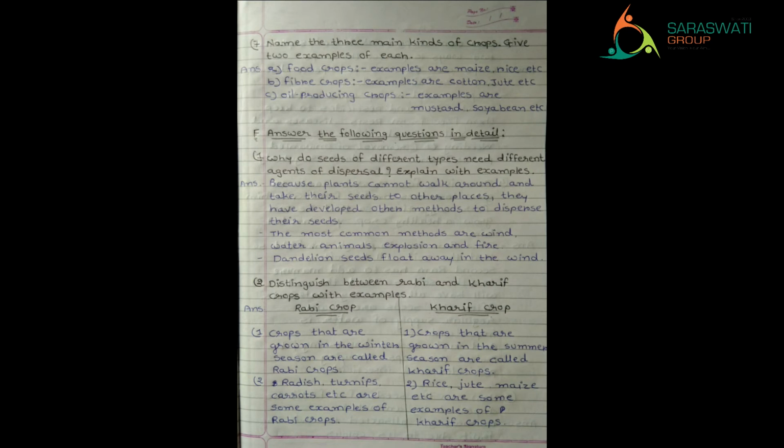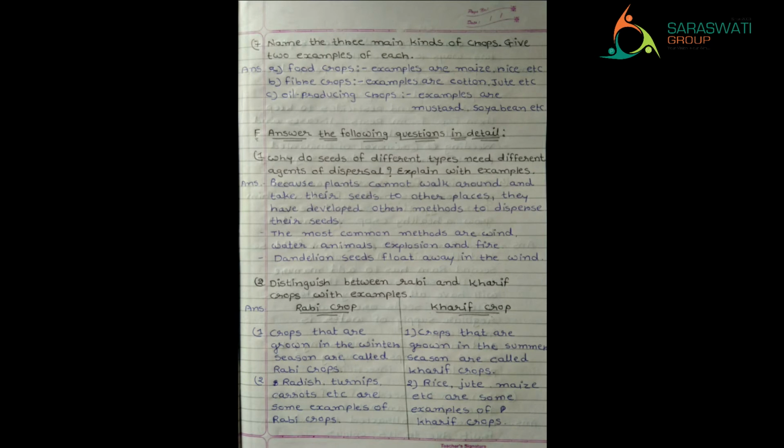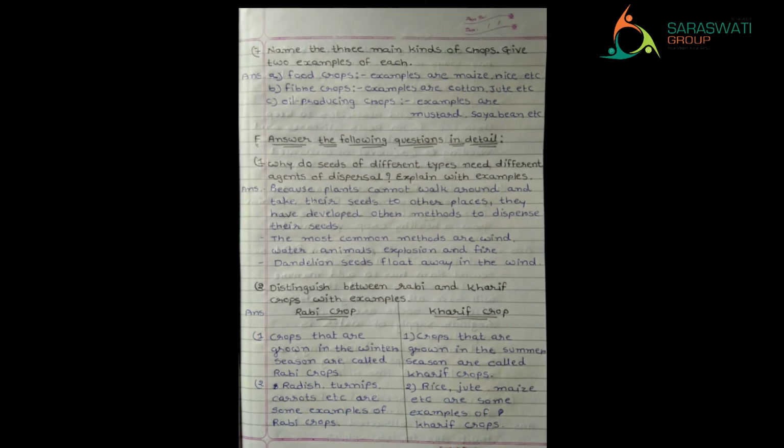Read the answer. Because plants cannot walk around and take their seeds to other places, right? પ્લાન્ટ ચાલી શકે નહીં, બરાબર? પ્લાન્ટ ન ચાલી શકે તો શું થાય? તો એમના સીડ ડિસ્પર્સ ન થાય, પોતાની જાતે ક્યાંય જઈ ન શકે.